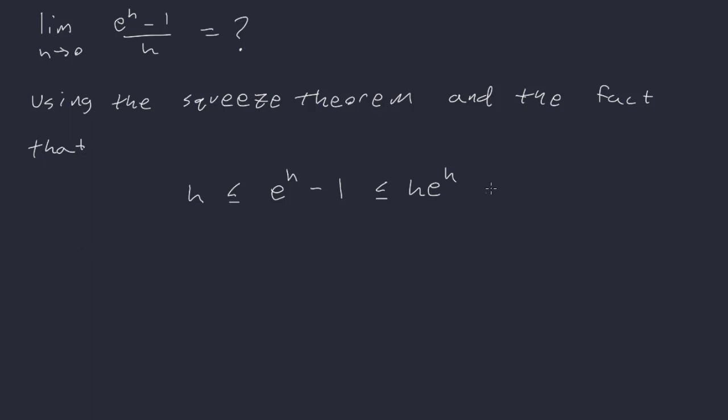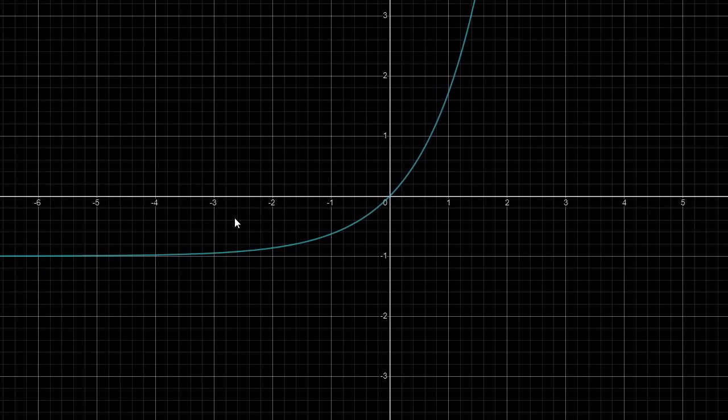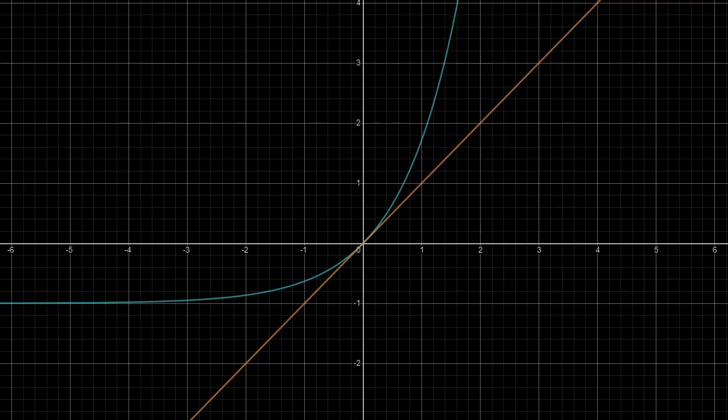Okay, now to show why this is true, we're going to look at a graph. This isn't really a proof necessarily, but I think a graph is actually convincing here. So here we have a graph. This is e to the x minus 1. This is x, so we can see that e to the x minus 1 is always greater than x.